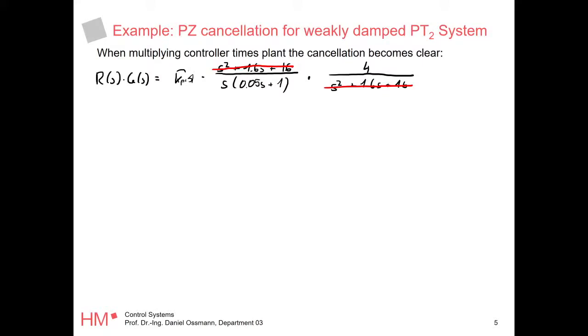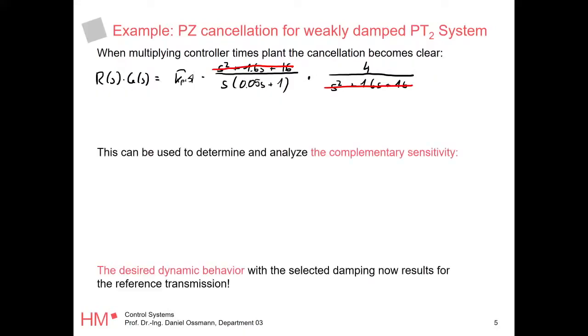Okay, where were we? So this is now R times G. We canceled already, and now we can compute the complementary sensitivity function. So we say T of S is nothing but R of S times G of S over 1 plus R of S times G of S, and now we need to put everything in here, which is 4 times K PID.